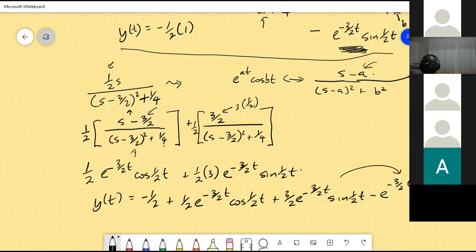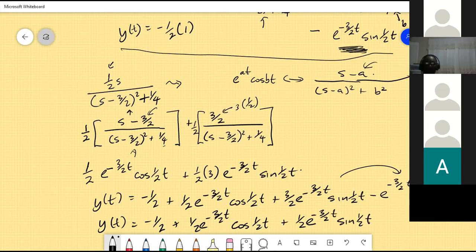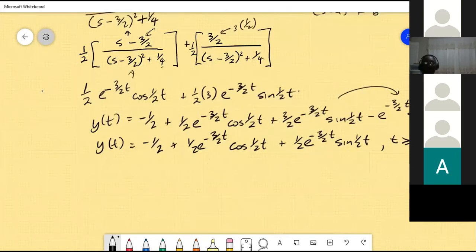So y of t is going to be equal to minus a half plus a half e to the minus 3 over 2 t cos half t, and we will simplify this, plus a half e to the minus 3 over 2 t sine a half t. And we have to put in that t is greater than or equal to 0. So that is my final result.